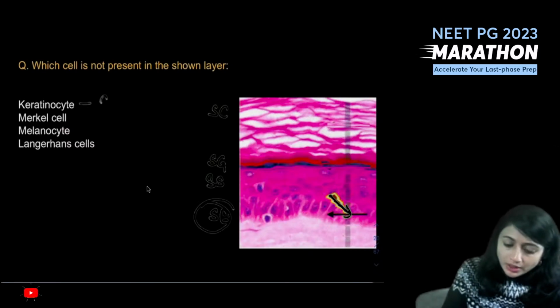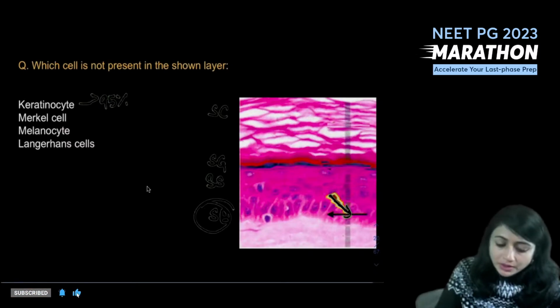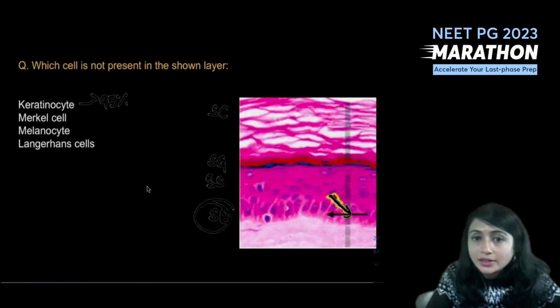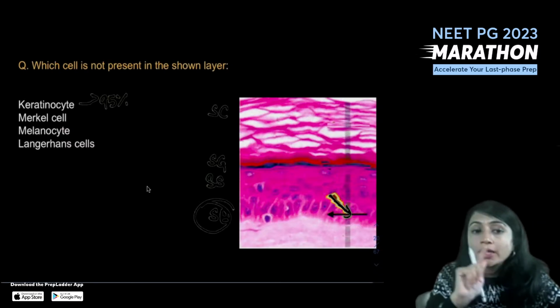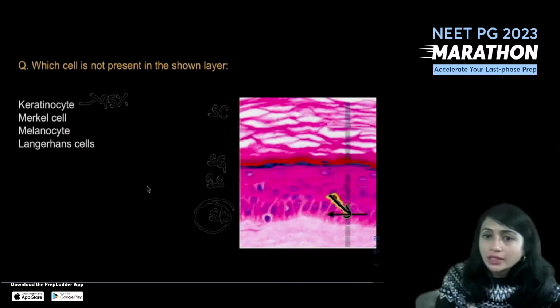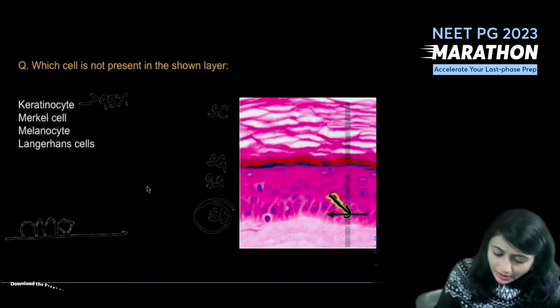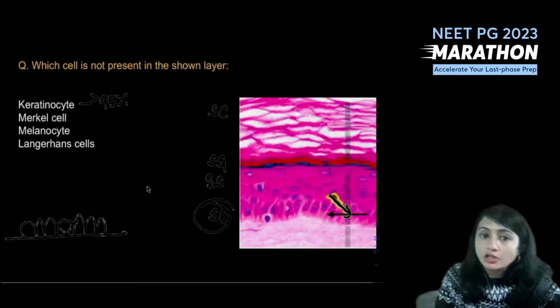The most predominant is the keratinocyte, which is almost 95%. And then there are 3 cells, which are Merkel, melanocytes, and Langerhans cells. In the basal layer, I have melanocytes. You all know that in the basal layer, only these dendritic melanocytes are present, which give pigment.